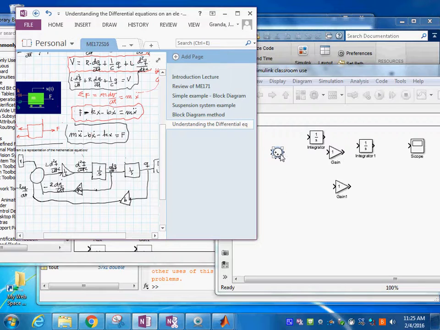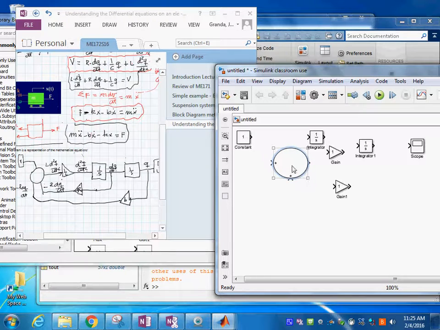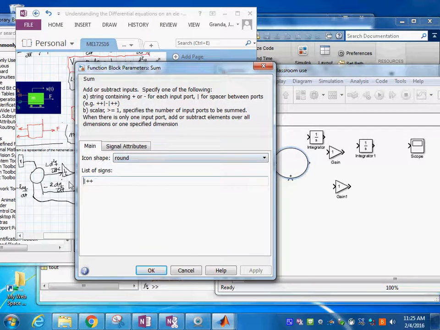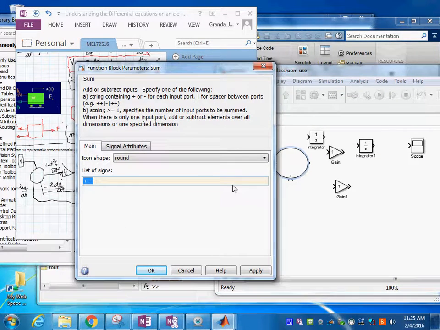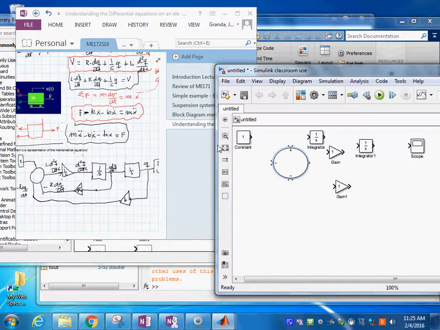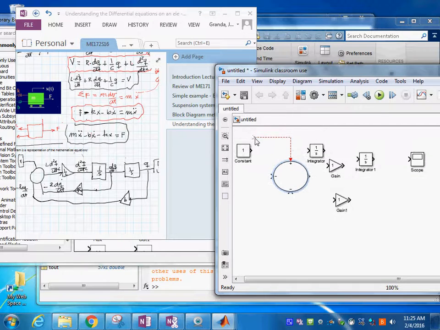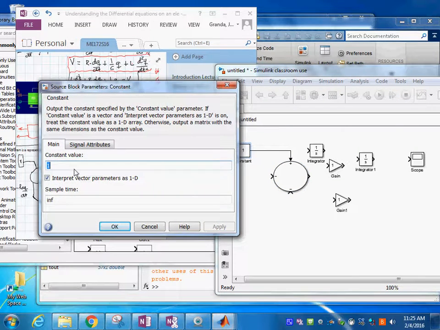So on the summation point, we say one positive and two negatives. So we'll connect this one here, and this is going to be the big voltage V.